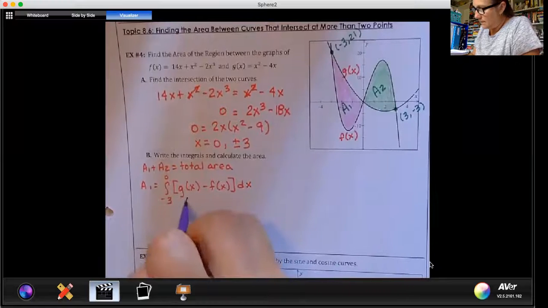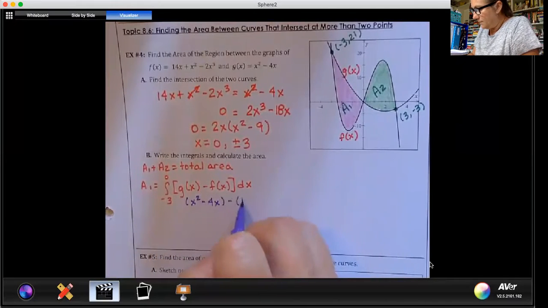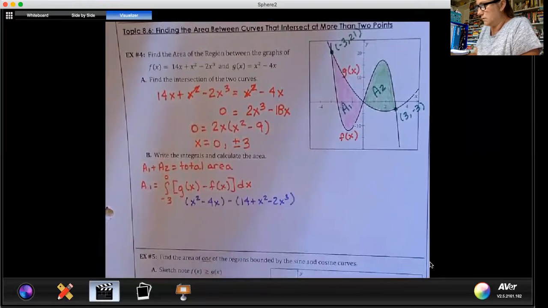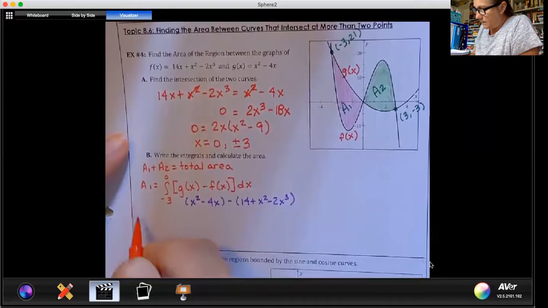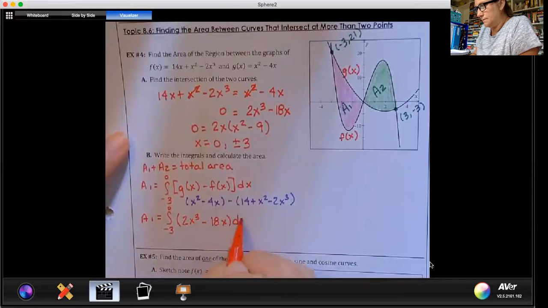So that is, g of x is x squared minus 4x minus 14 plus x squared minus 2x cubed. So area 1 is from negative 3 to 0 of 2x cubed minus 18x dx.